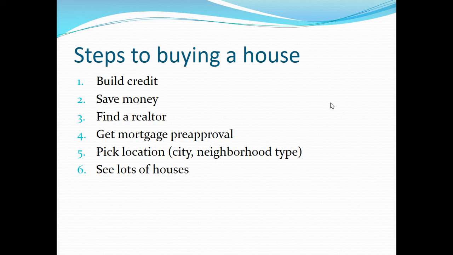But you're really going to get a sense of what the houses are costing and what the value is, so that when you walk into the house that ends up being the house you put an offer on, you've walked into 20 other houses or 50 other houses before that. Hopefully it's not 50, that's a lot. But you've walked into 20 other houses and you say, okay, this is a good bargain at this price. I feel like I'm making a good purchase here, and you can feel confident when you place an offer.